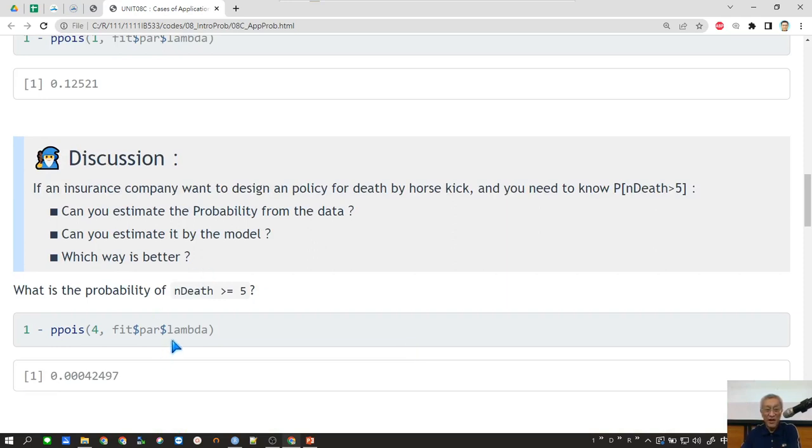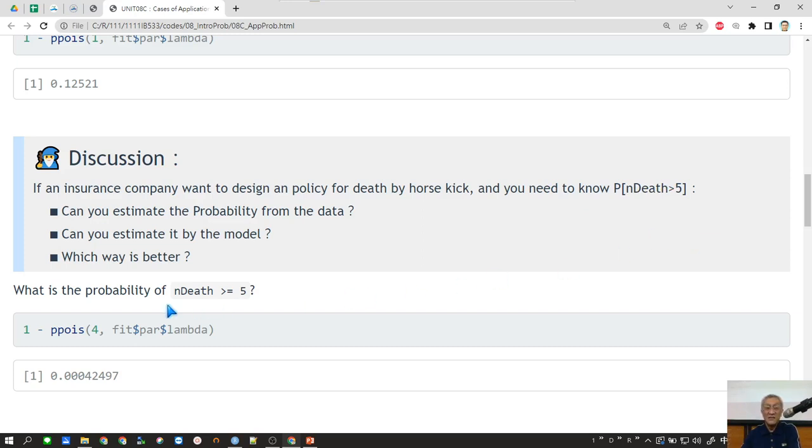Actually, this number is wrong, because I'm talking about larger than 5, and here we are calculating larger than or equal to 5. So suppose that we want to know the probability of the number of deaths larger than or equal to 5.